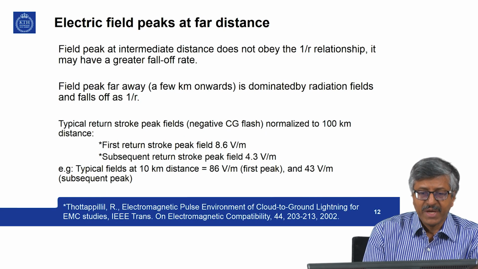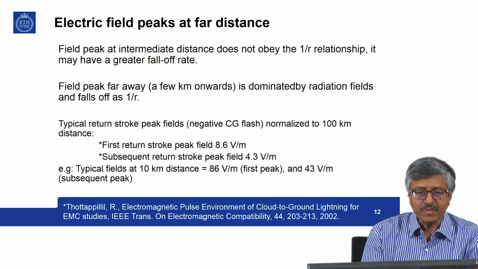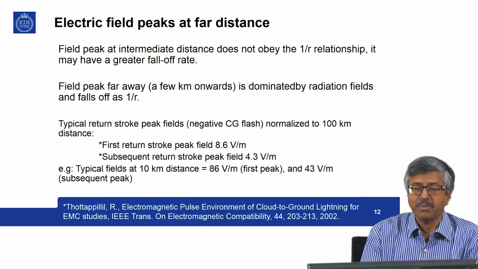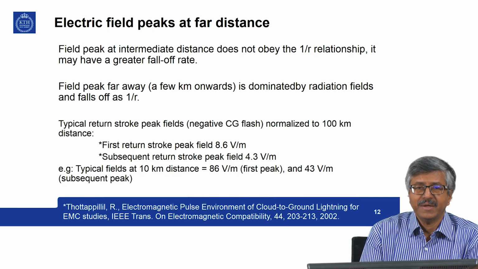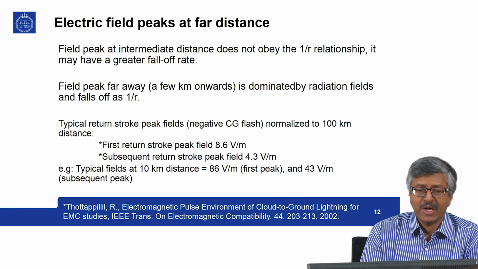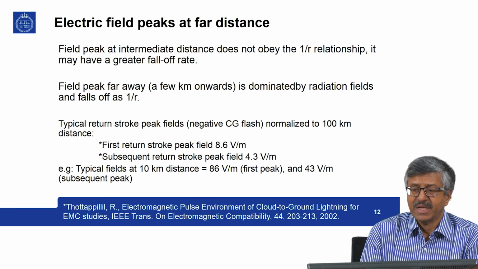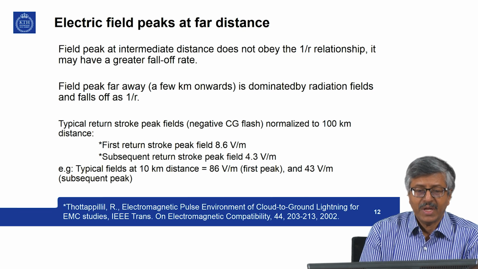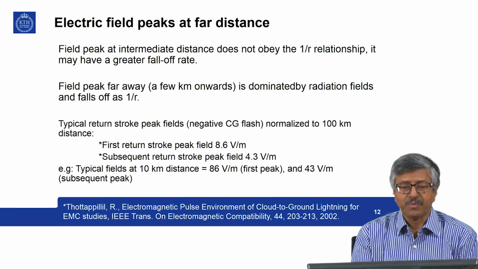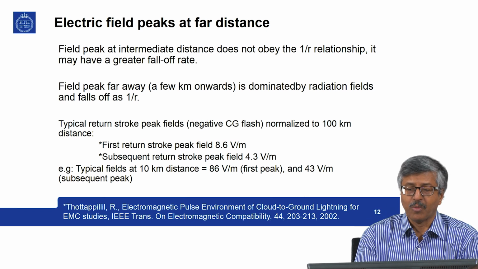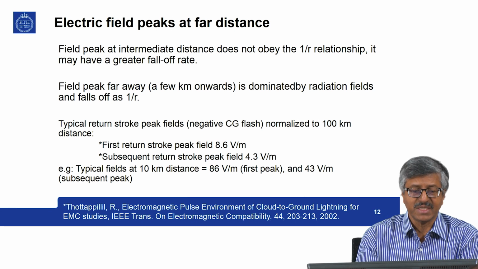Now, electric field peaks at far distance. Field peak at intermediate distance does not obey the 1 by r relationship, and it may have a greater fall off rate, whereas field peak far away is dominated by radiation fields and falls off as 1 over r. Now, typical return stroke field peaks in negative cloud to ground flash normalized to 100 kilometer distance.